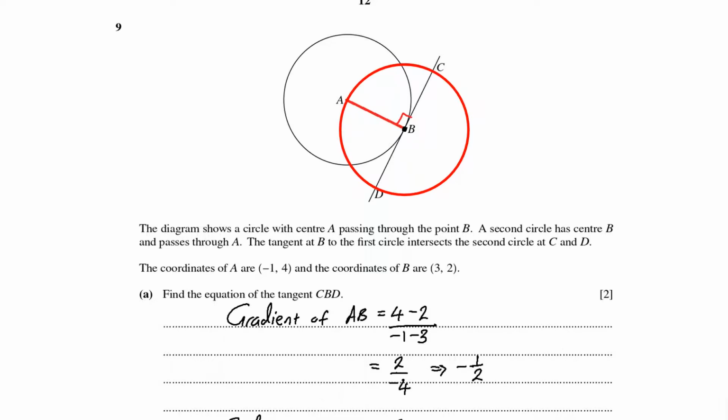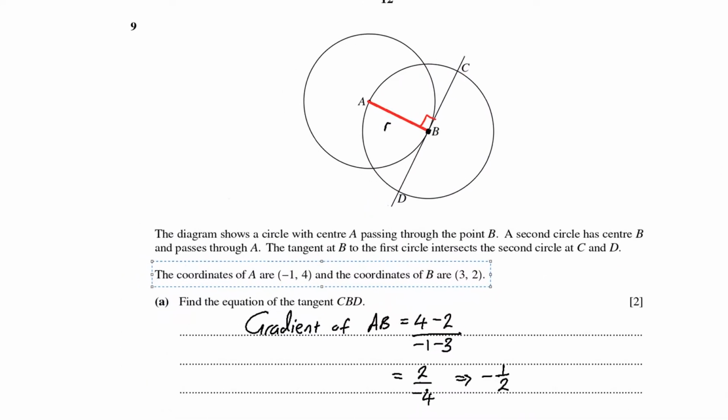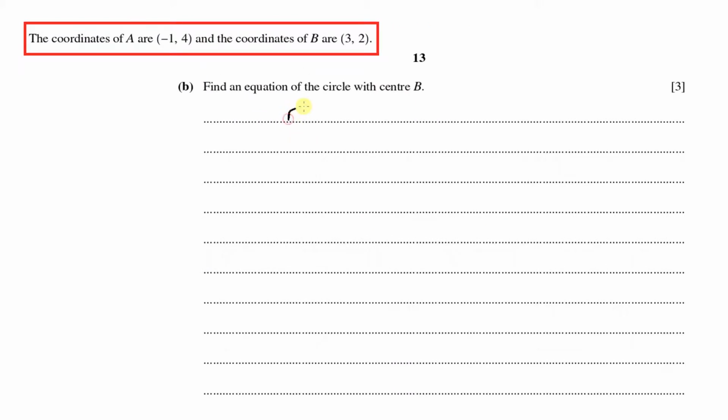So the center here is known, that's B, but now what we need is the radius of the circle, which is AB. So to get the radius AB, we need to work out the length of the line AB, and we are going to use the coordinates of A and B to work out the length of the line. So this is the data that we will need. So we're going to work out the radius R.